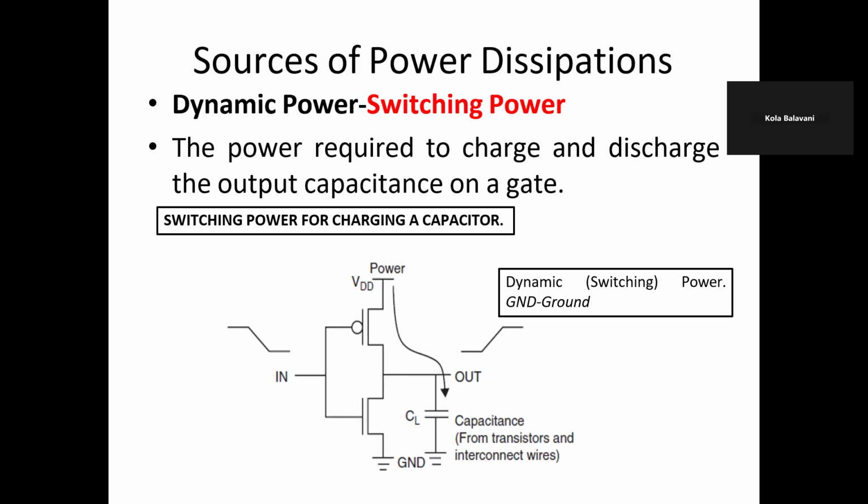Here the power is consumed in CMOS circuits when the transistors are switching their state, that is, from logic 0 to logic 1. And here we connected the load capacitance at the output side.